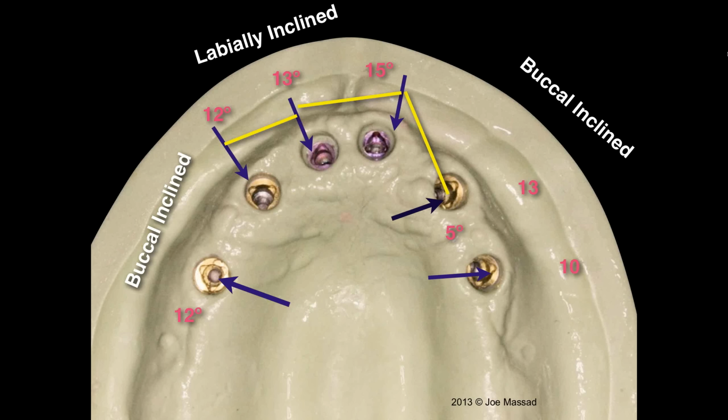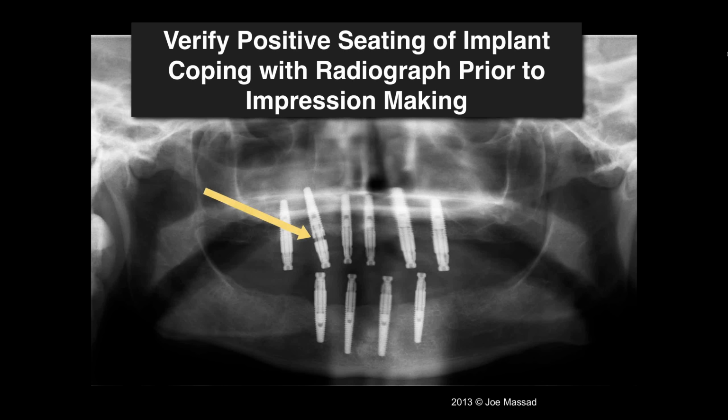We begin for each. What's important when we put in the impression copings, as every practitioner knows, is that sometimes you have a little tissue that may not let you twist it all the way in. In cases like that, I think we can use a small diode laser and clean that out.